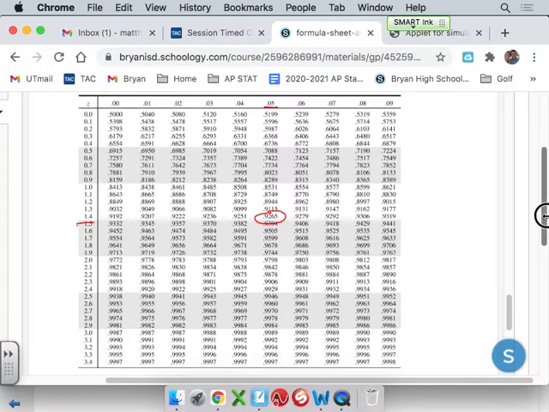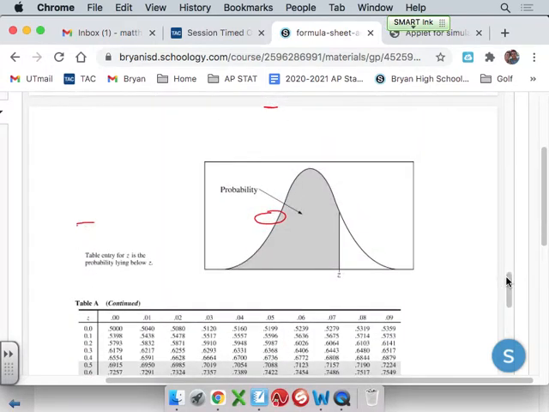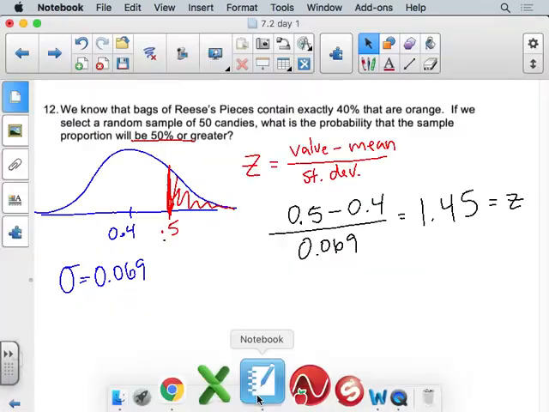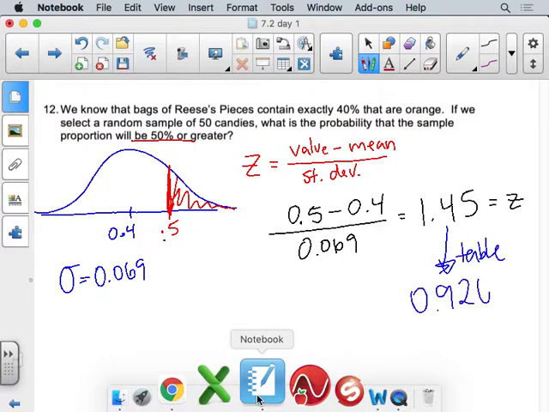But remember that this is always talking about the area left of it. So the table value gave me 0.9265.